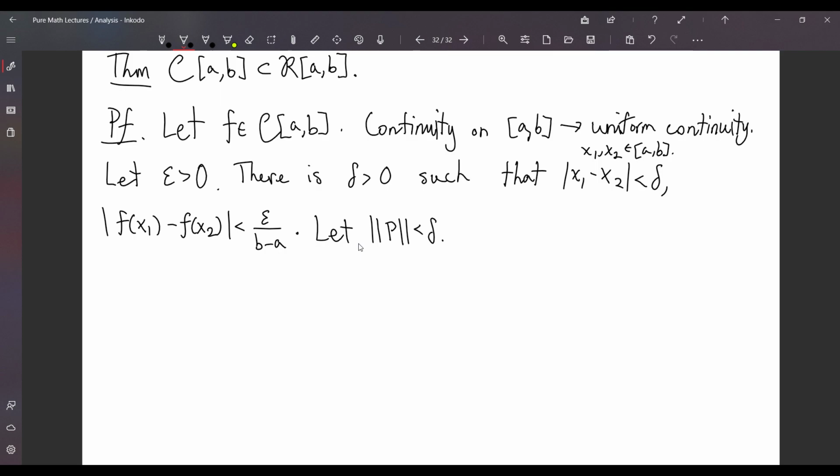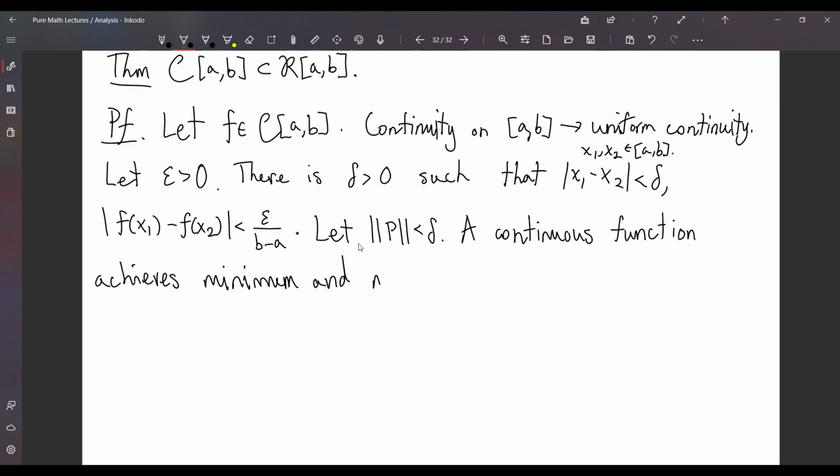Now since f is continuous, and we've shown that a continuous function achieves minimum and maximum values on a closed interval.